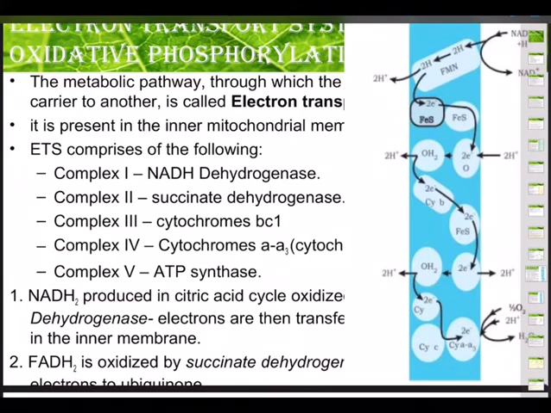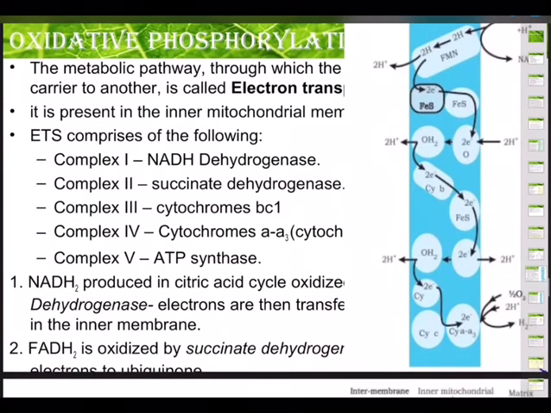Two protons and 2 electrons from NADH plus H plus are transferred to FMN. As you are seeing, 2 electrons and 2 protons are transferred, and FMN gets reduced to FMNH2.